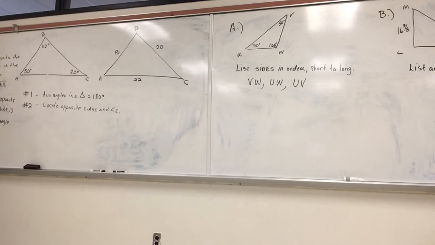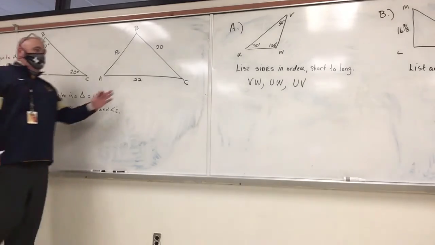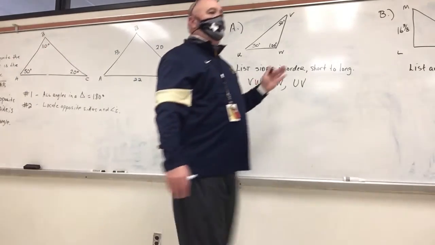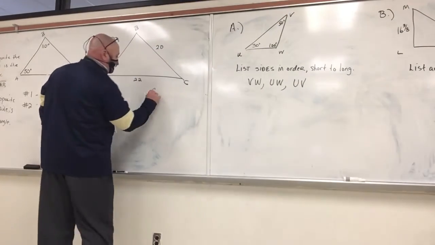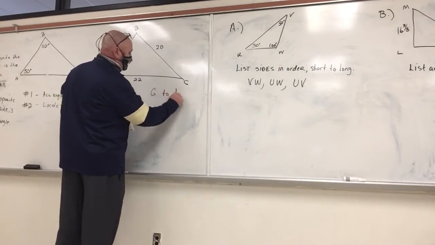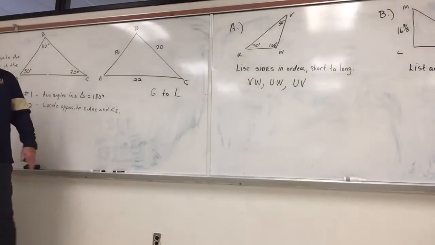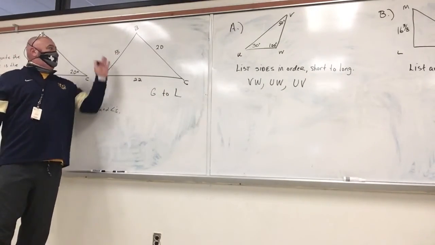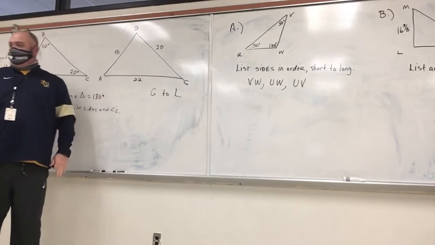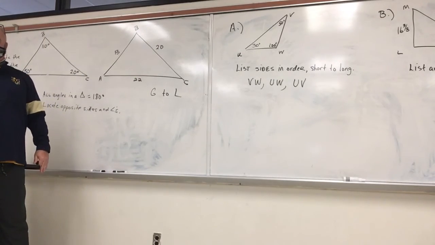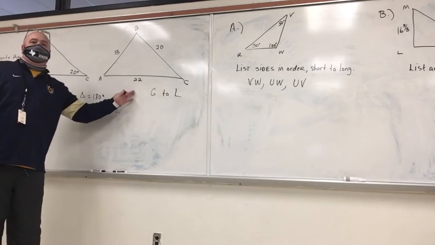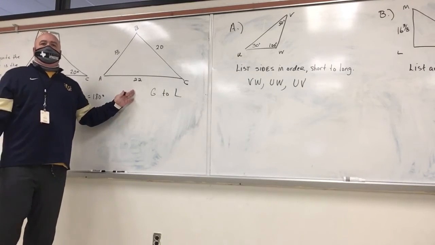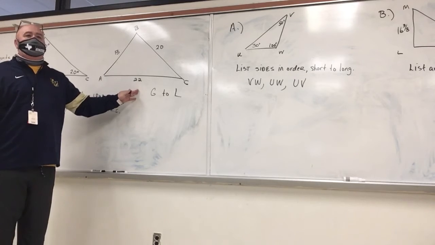In this triangle, we want to go from greatest to least. What side here is the biggest? 13, 22, or 20? 22. What angle is opposite 22?